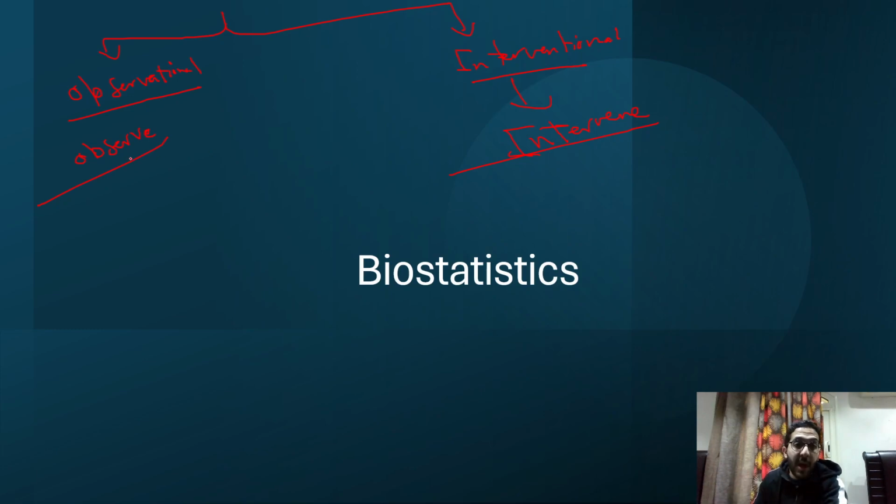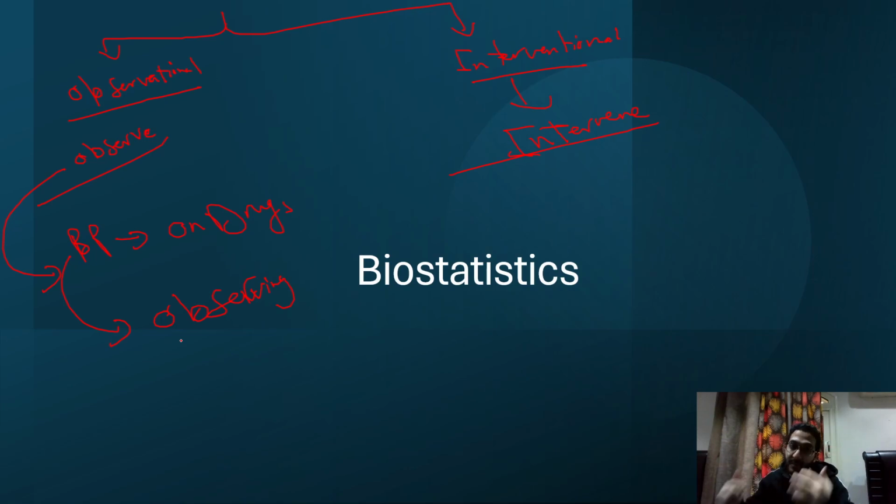As an example, if you're studying a patient for blood pressure, and this patient is already on drugs, and you're just observing the drugs and how they affect the patient, you're just observing, and you will not add any drug. You will not add any dose. You will not set anything. You're just observing from outside. Still, you are observing. That's it.